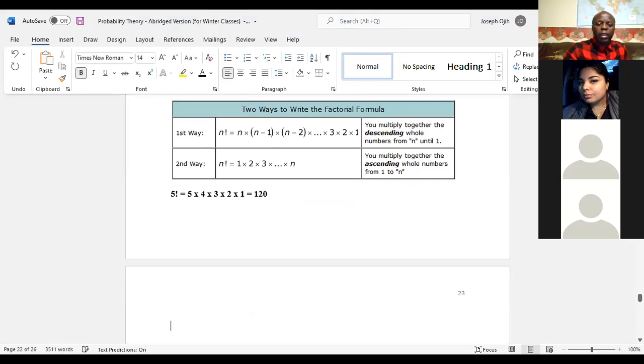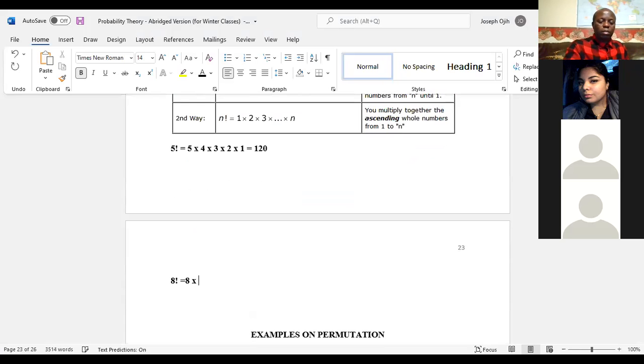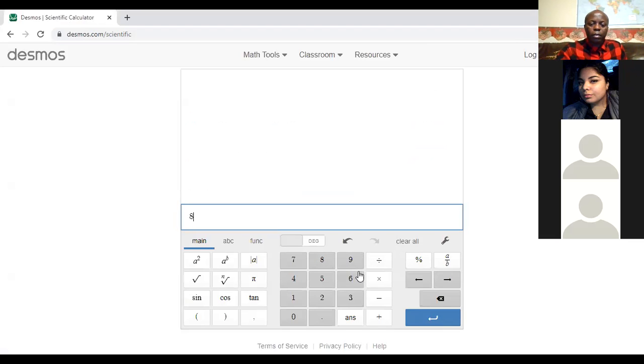If I say something like 8 factorial, it means 8 times 7 times 6 times 5 times 4 times 3 times 2 times 1, which we can get on the calculator as follows: 8 times 7 times 6 times 5 times 4 times 3 times 2 times 1. 40,320.